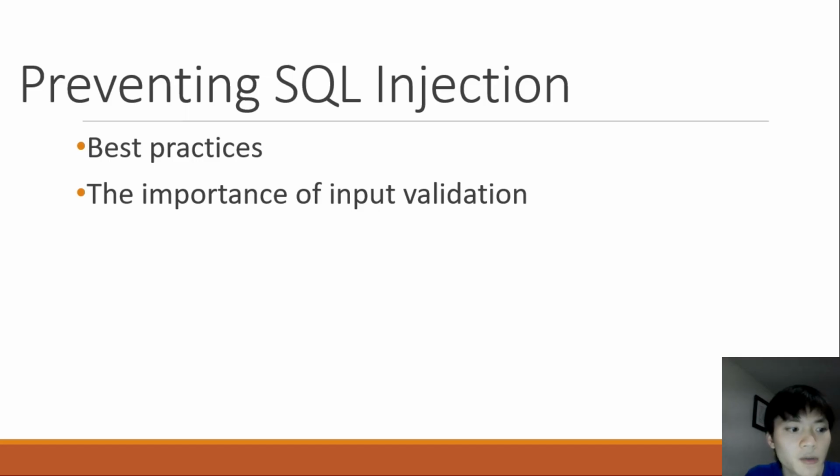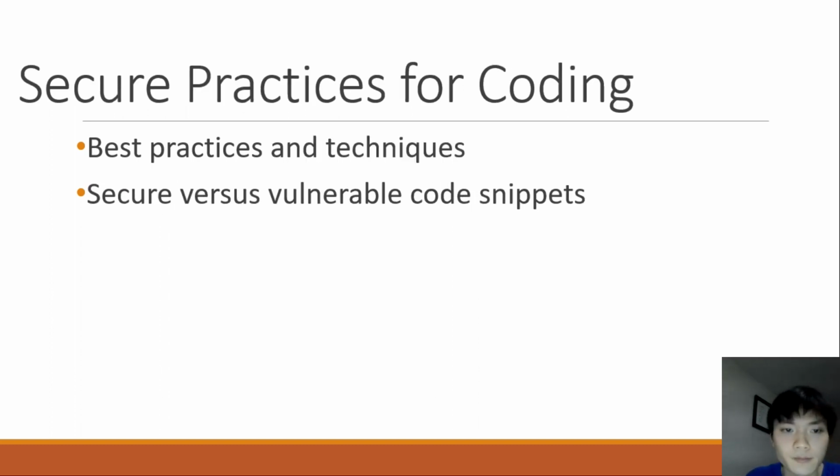Additionally, developers should minimize the use of dynamic SQL whenever possible. Regular code reviews and security audits are also very critical. These practices help identify vulnerabilities before they can be exploited. In summary, prevention is a multi-layered approach that requires diligence and ongoing efforts.